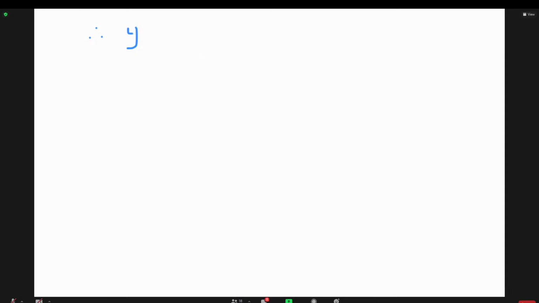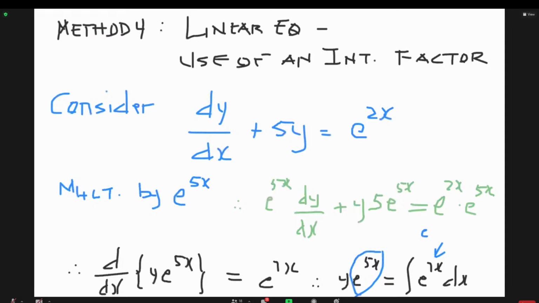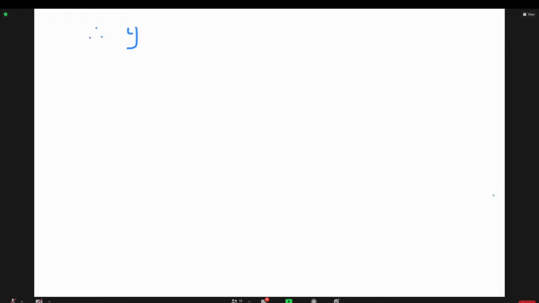Okay, so after the last line that we had here, which is y e to the 5x is equal to the integral of, therefore y e to the 5x would be equal to e to the 7x on 7 plus c. We integrate the right-hand side.